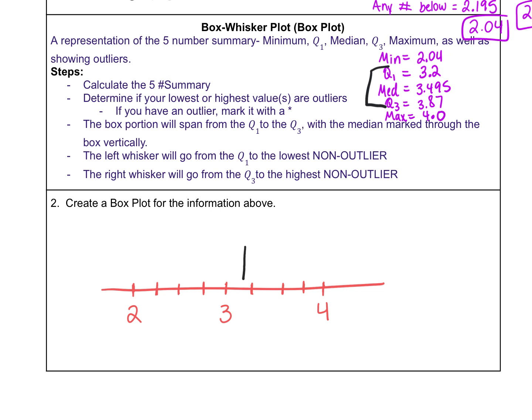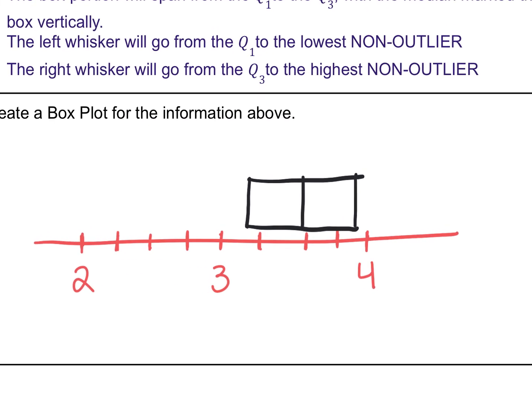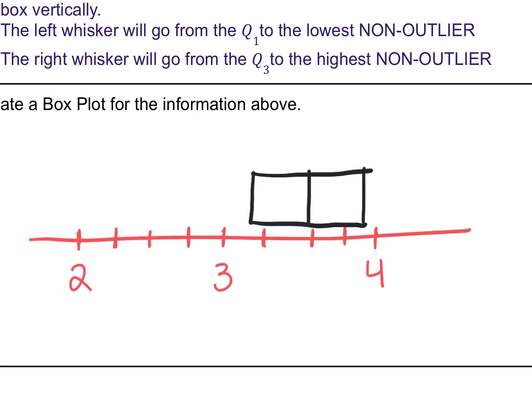So I'm going to make a vertical line right there. My median's at 3.495, so that is about right here. And my Q3 is 3.87, which is about right here. This isn't perfect, but we get the picture. So, box and whisker plot, there's the box part.